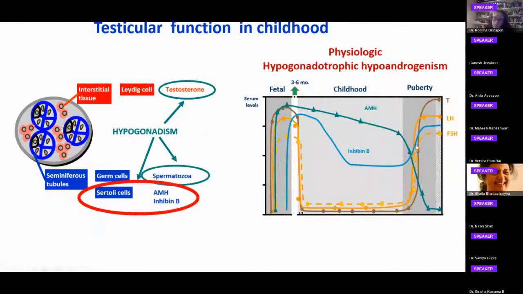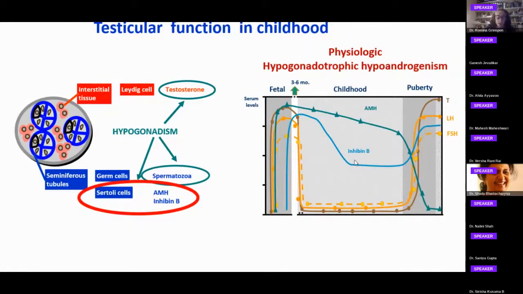At puberty, AMH decreases in response to the inhibition exerted by androgens and inhibin B increases. So, we can understand childhood as a physiologic hypogonadotrophic hypoandrogenism period. So, gonadotropins are low, androgens are low, but AMH and inhibin B are high.